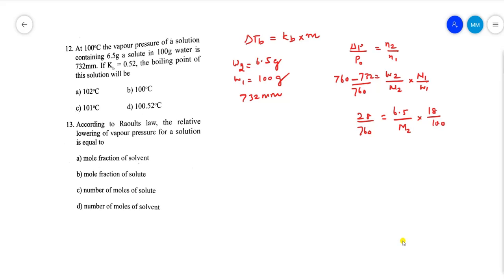From that M2 is calculated. It is equal to 760 into 6.5 into 18 divided by 28 into 100. By solving this, you get M2 is equal to 31.75 gram.